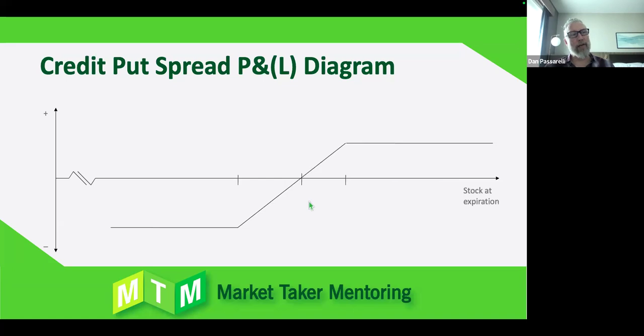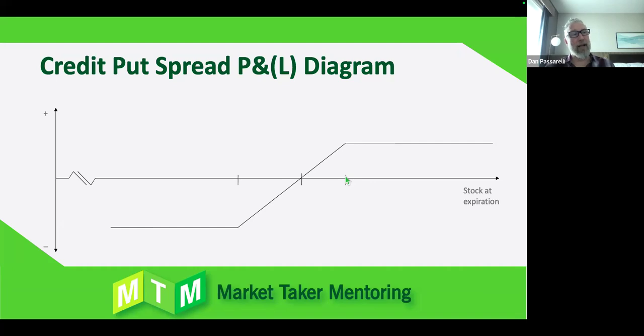What do you think the break even is? Well, let's say the stock is below 100 at expiration, but above 98. What would happen to each of the puts? Well, the 98 puts would expire because they're still out of the money. The 100 puts would get assigned, and I would buy the stock at 100.